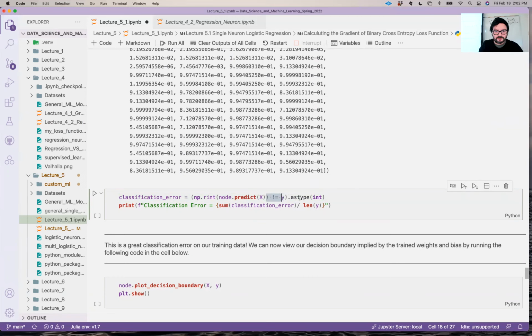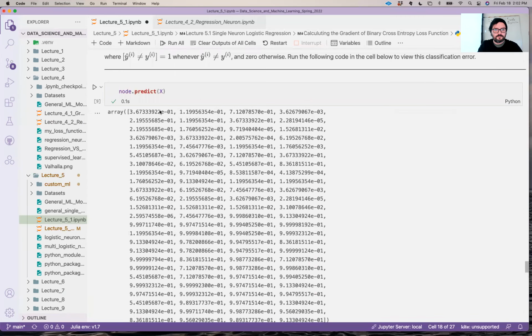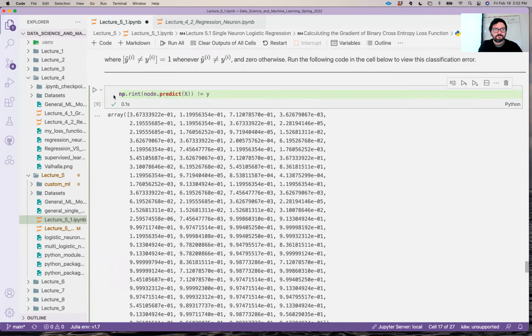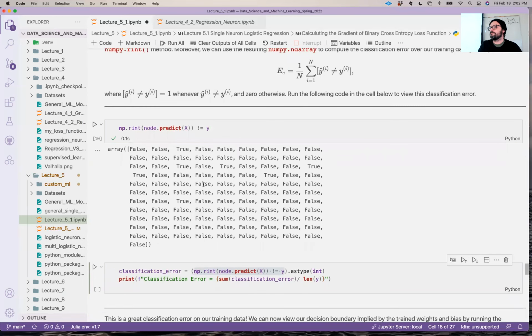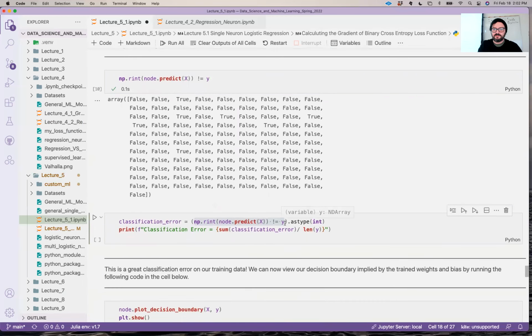Like I can actually show you. Let me do that here. See? And then because it's a Boolean numpy array, I can convert it to type int by just doing the astype method.